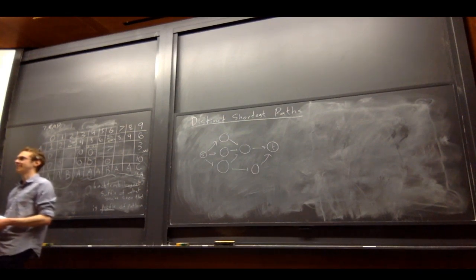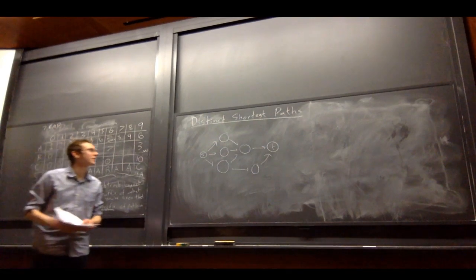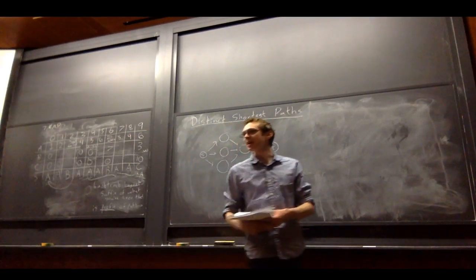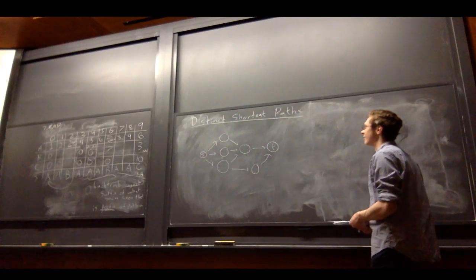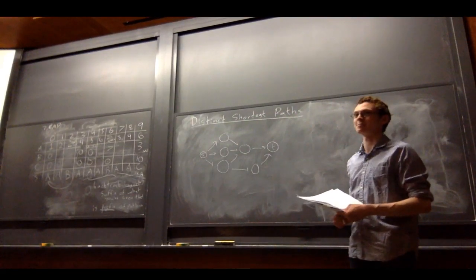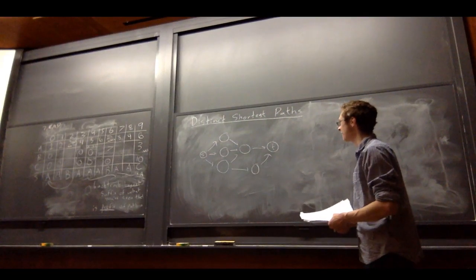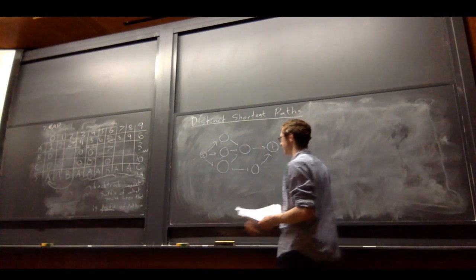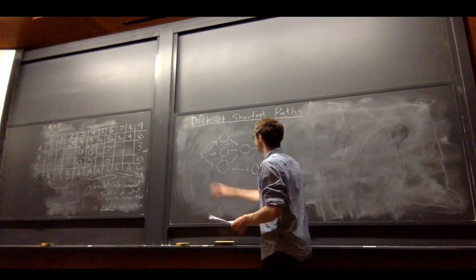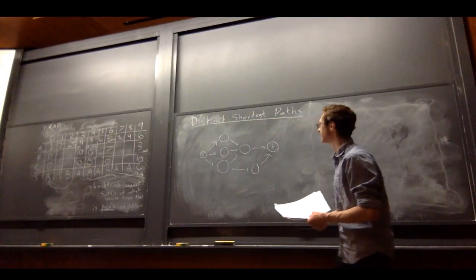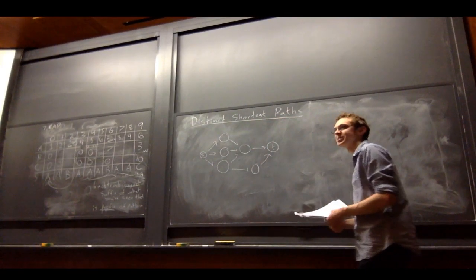Anyone want more time? Alright, let's start talking about it. So here's an example graph of where distinct shortest paths becomes interesting. So let's say we want to find the number of distinct shortest paths between S over here and T. How many distinct shortest paths are there?